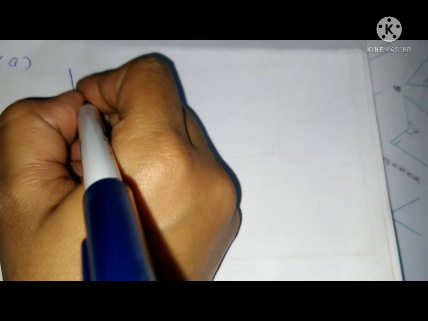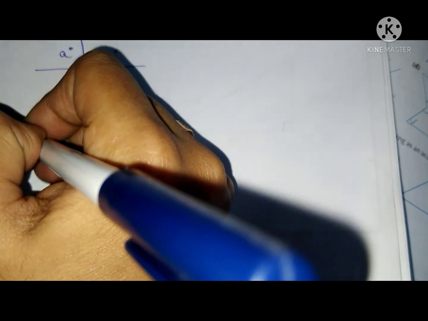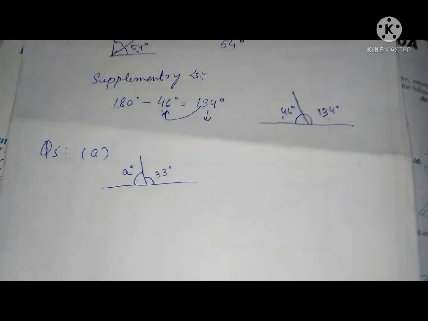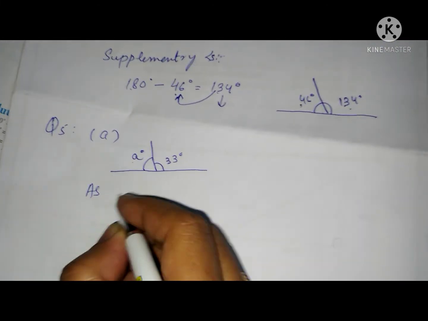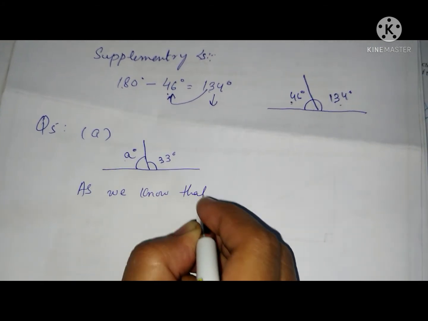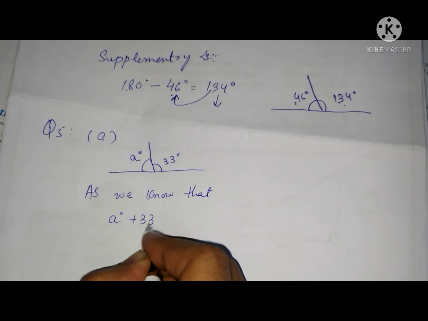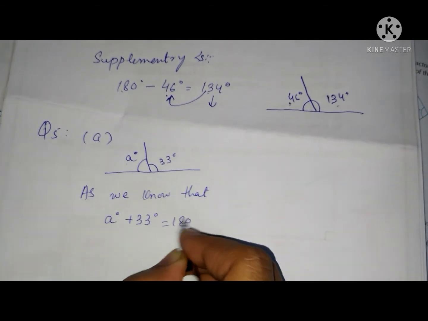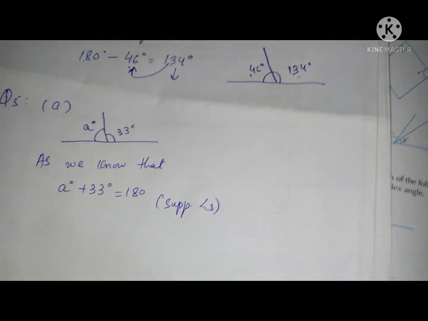They are saying one of the angles is 33 degrees and the other is A degrees. What we have to do is make a statement, that is called the equation. As we know, A degrees plus 33 degrees equals 180 degrees because they are supplementary angles.